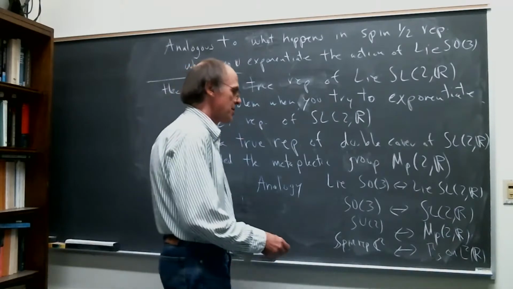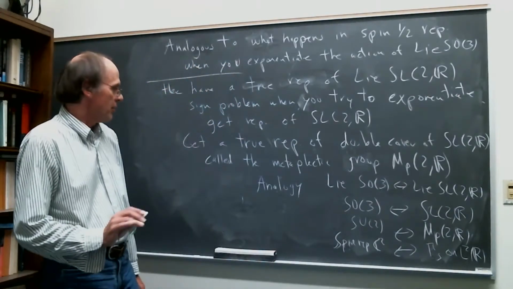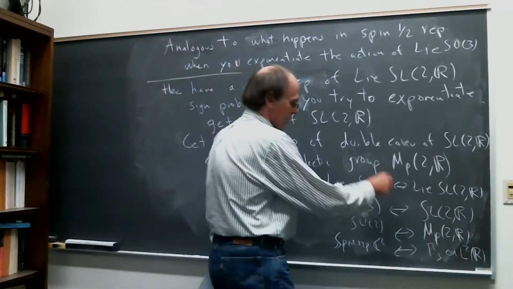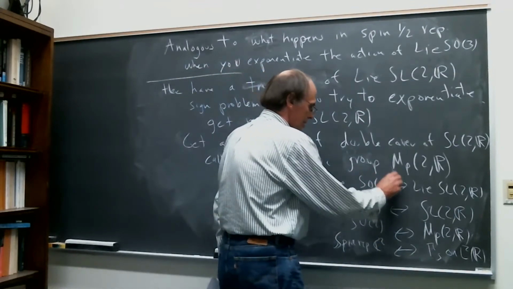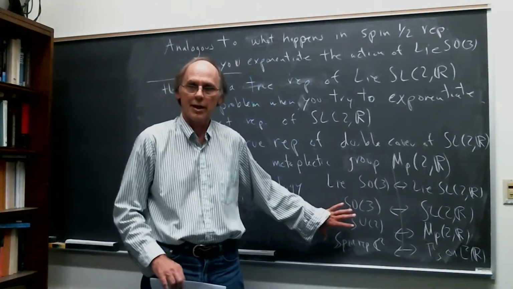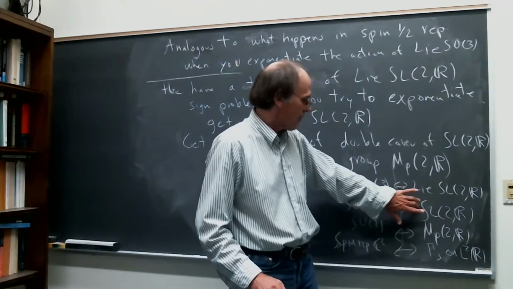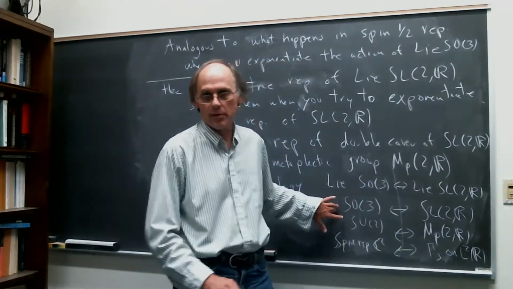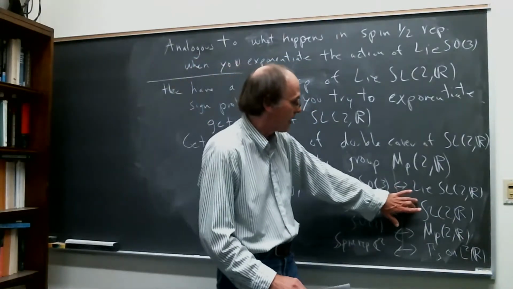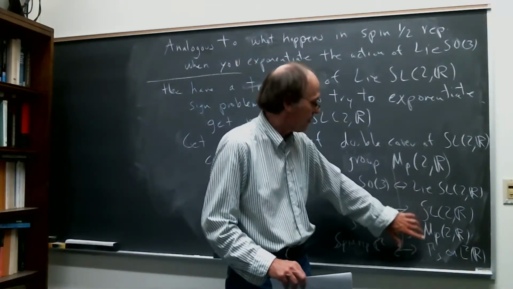But anyway, the bottom line here is that the reason for saying this analogy is that this side of it is fairly easy. We went through it, and you really should have understood everything exactly. Here, the warning is that these are non-compact groups. Instead of compact groups with finite dimensional representations, they're non-compact groups with infinite dimensional representations, and the double cover is quite subtle.